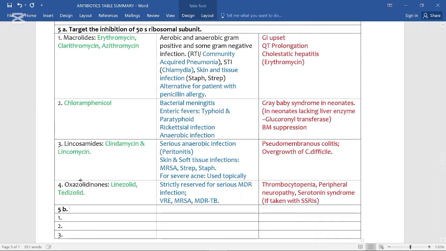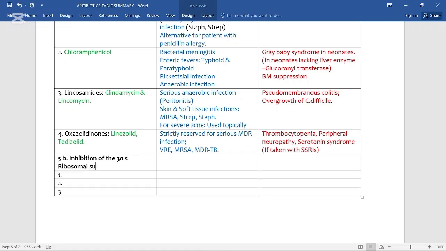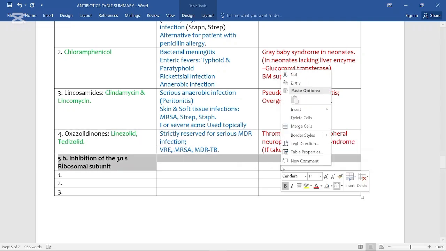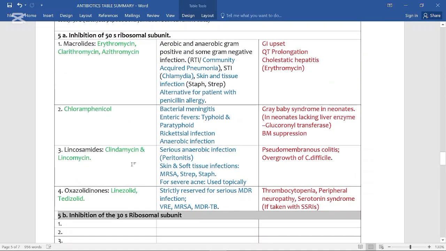We're going also to look at those that target, so we put here inhibition of the 50S, and here inhibition of the 30S ribosomal subunit.